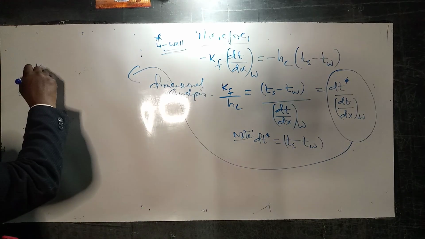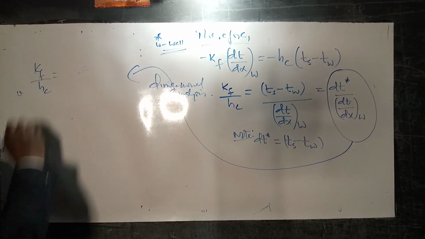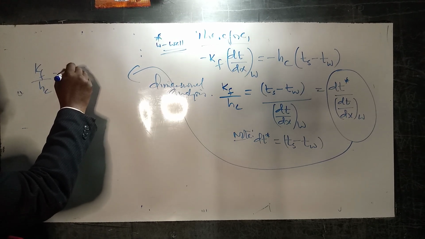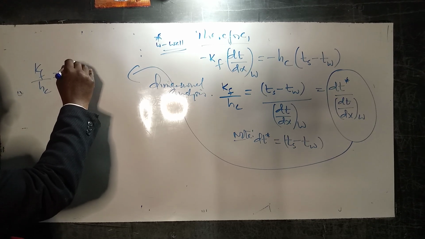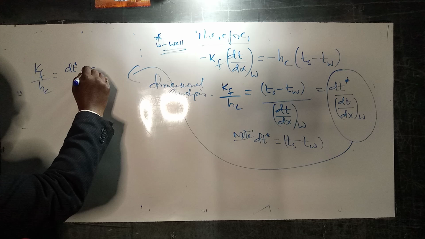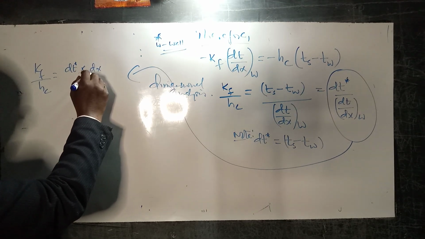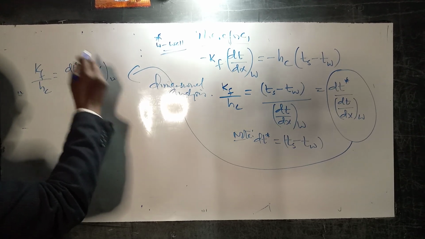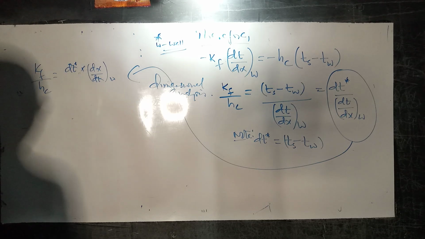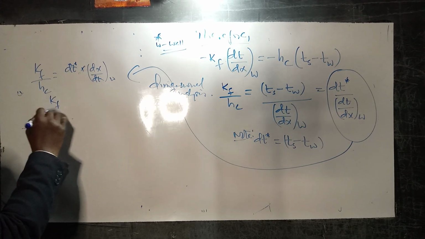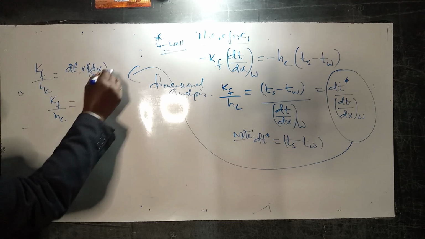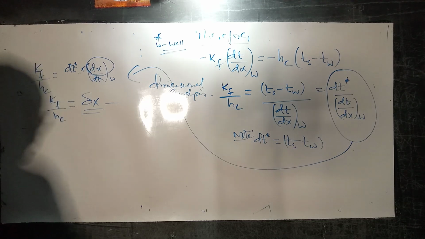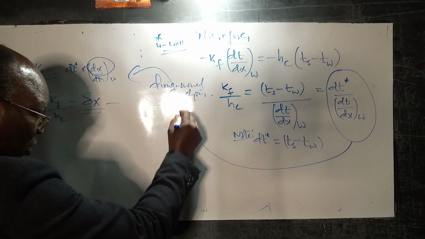then you see that Kf over Hc will have dT, and then of course we have dx, we have dT, so that you are able to cancel them out in your mind. And so Kf over Hc is equal to this quantity here, which we call sigma x, that is the stagnant layer, which we had marked as the stagnant layer next to the wall.